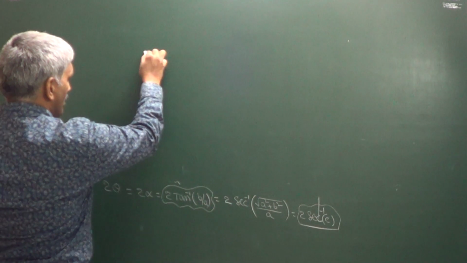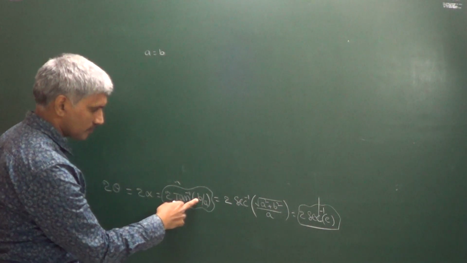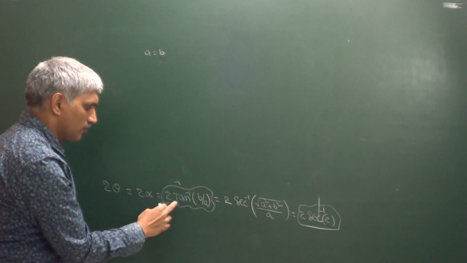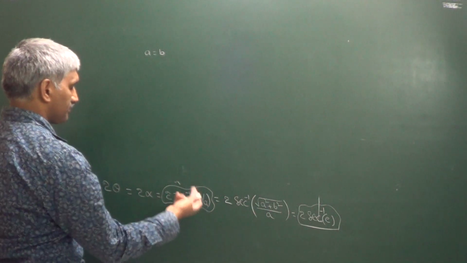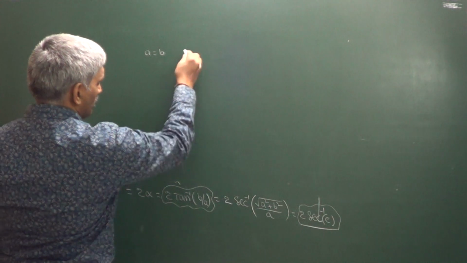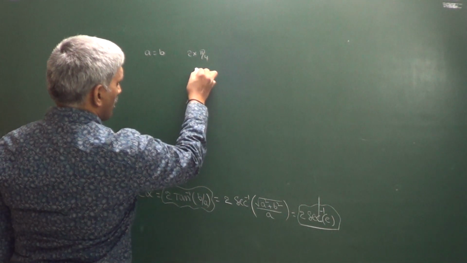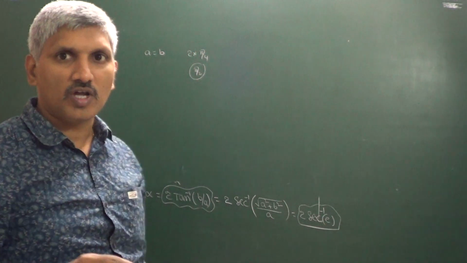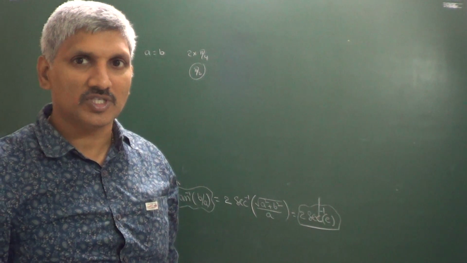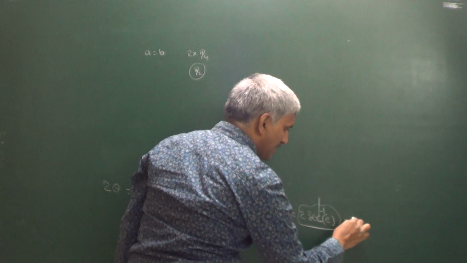That means a is equal to b. When a is equal to b, you will get tan inverse of 1. What is the tan inverse of 1? Pi by 4. That means 2 into pi by 4, you will get pi by 2. So in case of a rectangular hyperbola, the angle between asymptotes is equal to 90 degrees.